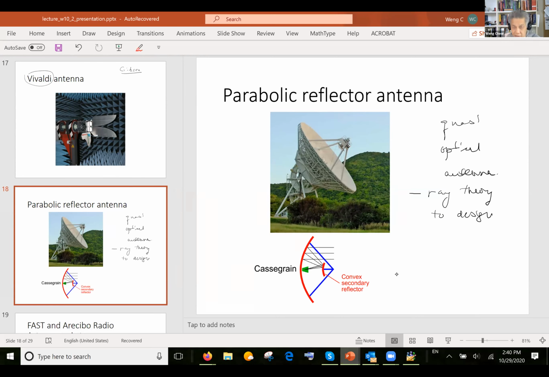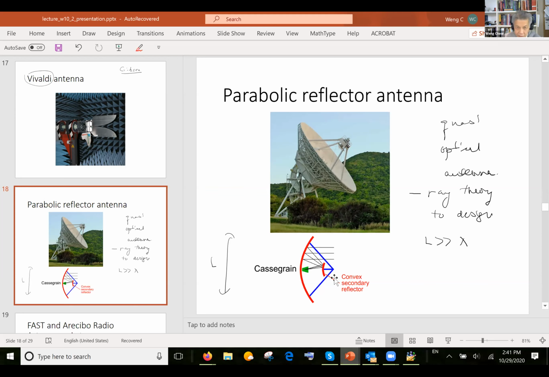Essentially, these antennas are so big, L is much larger than lambda. So in that regime, you can say that electromagnetic waves behave almost like light rays. When the waves have very short wavelengths, they behave like rays.